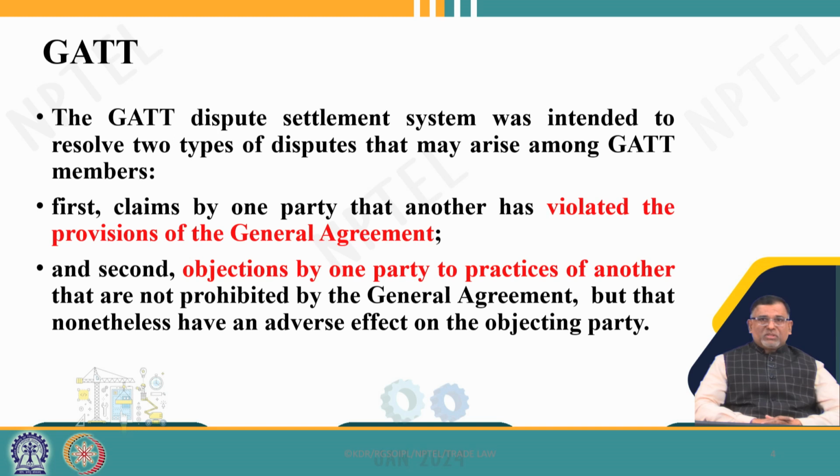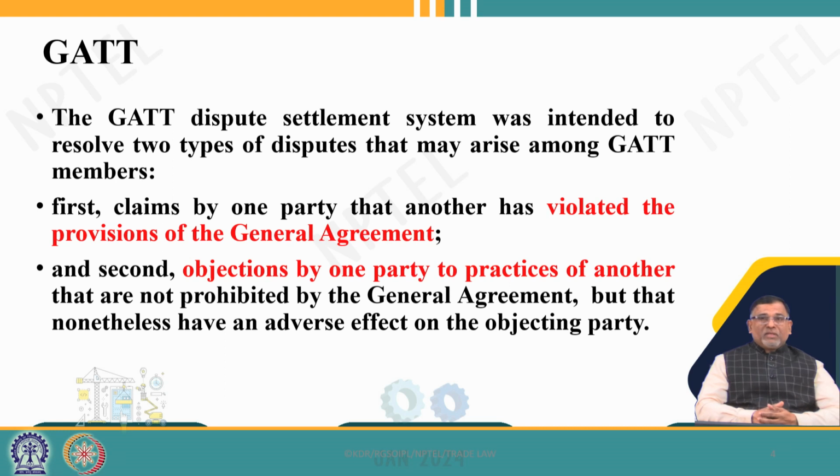The first was, if one party alleges that the other party violated any of the provisions of the GATT, then such parties can complain to the GATT Council for dispute settlement.